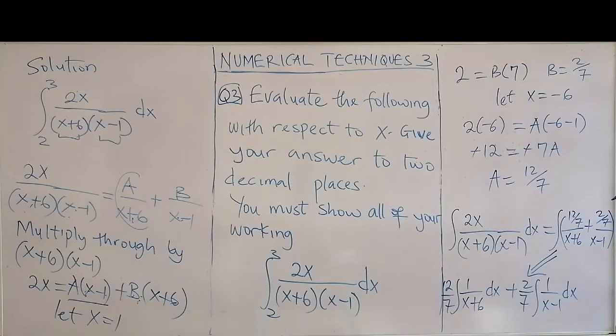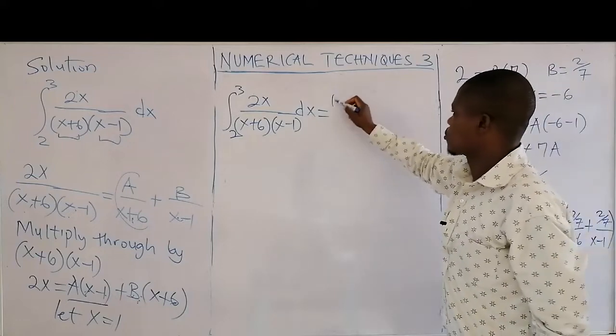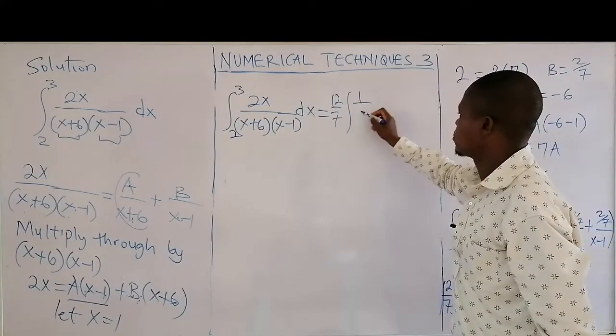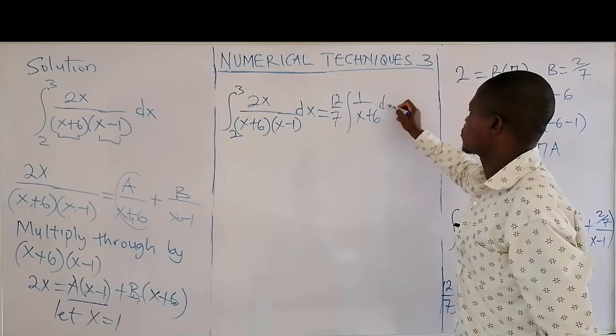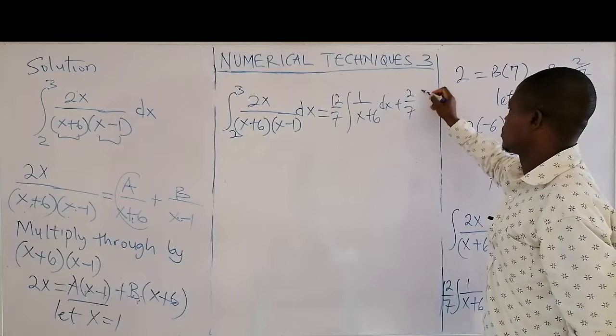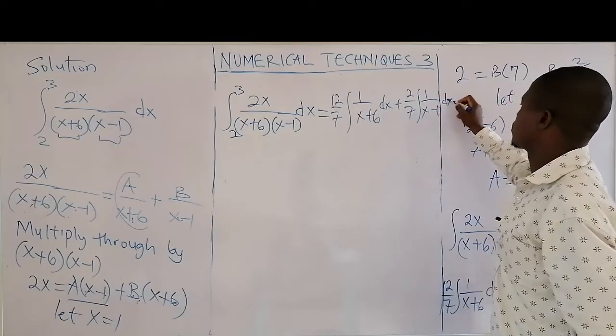This is because when you have the integral of a sum of functions, it is the integral of each of those functions. So we have 12 over 7, integral of 1 over (x plus 6) dx, plus 2 over 7, integral of 1 over (x minus 1) dx.